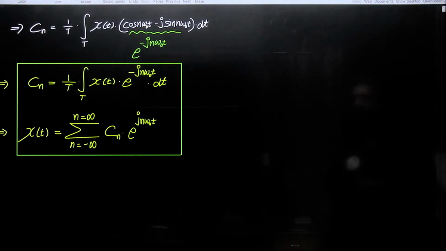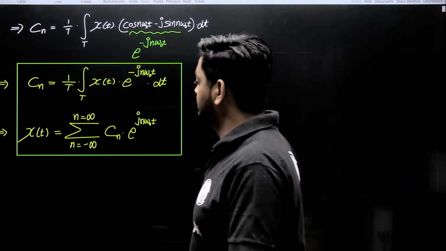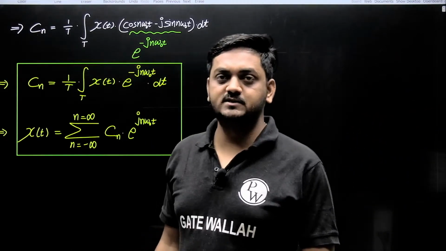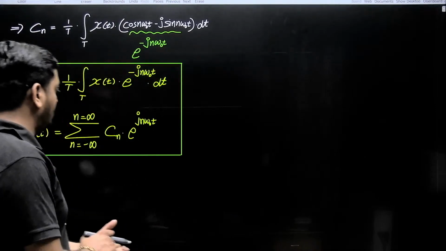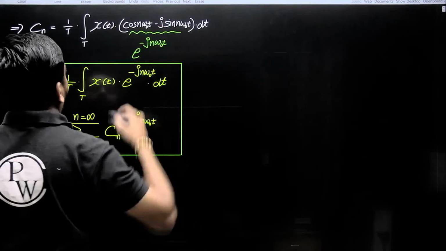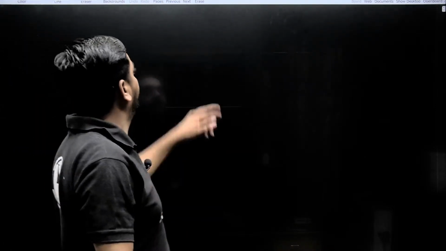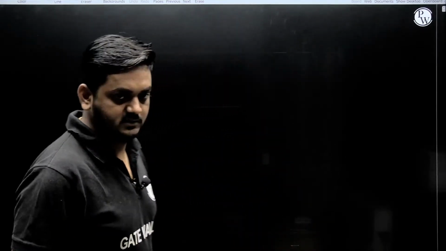Here, we saw how we got the exponential Fourier series from the trigonometric Fourier series. Okay. Now let us see the relationship between the coefficients of the trigonometric Fourier series, polar form, and exponential form.